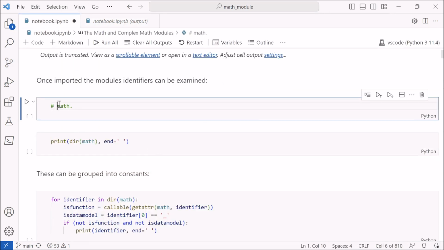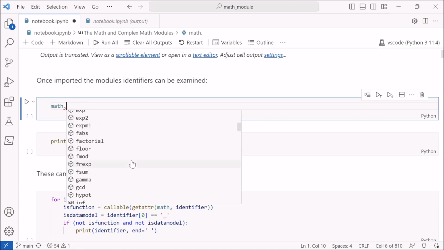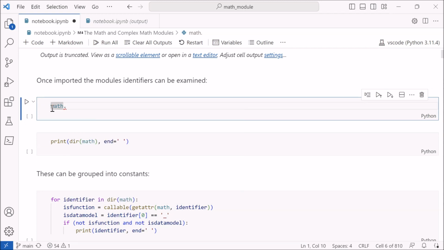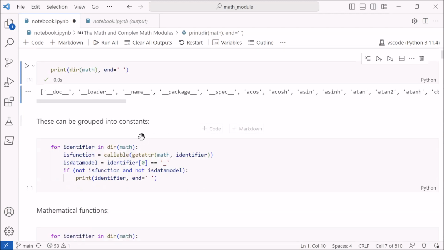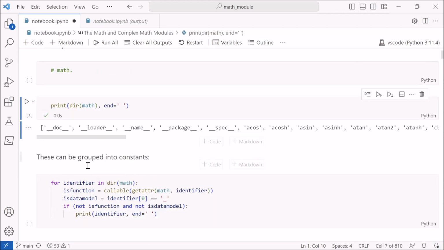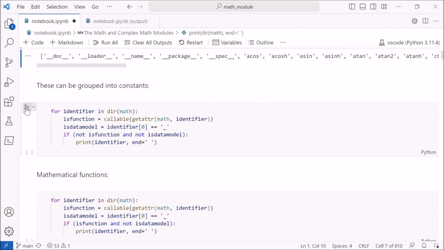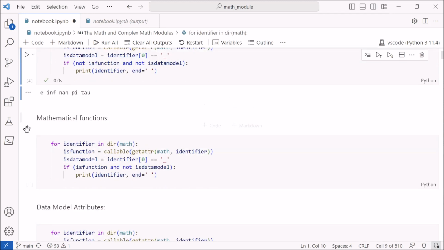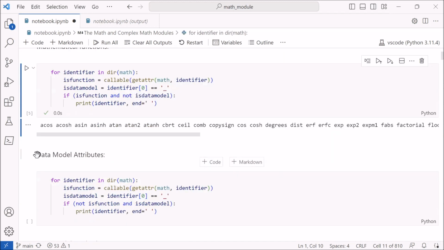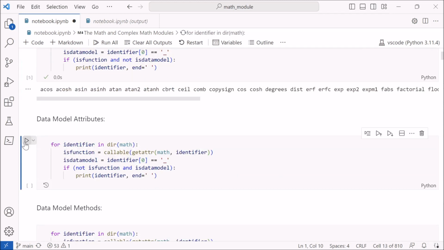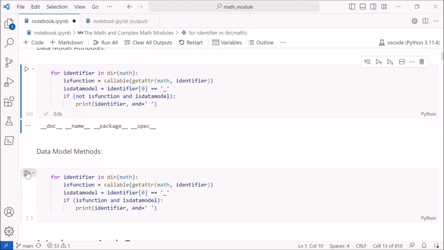Once it's imported, we can access the identifiers, and we can also print the directory as a list. We can group this into constants, mathematical functions, and then the data model attributes and methods, which are present pretty much in every Python module.